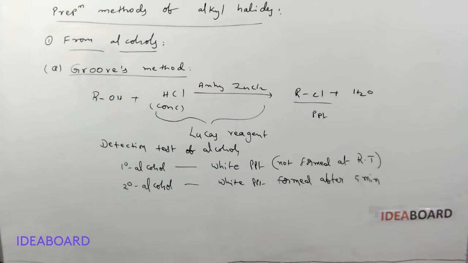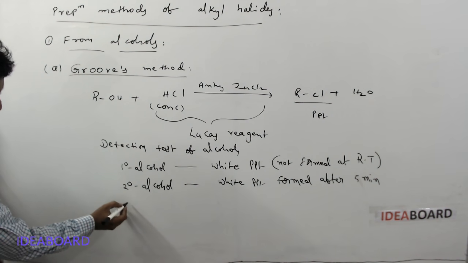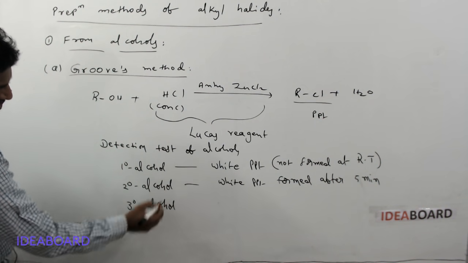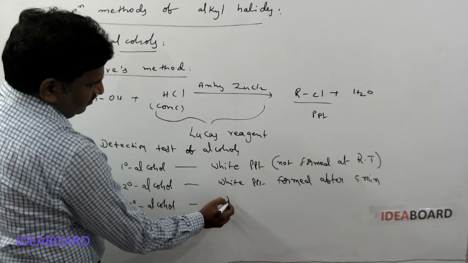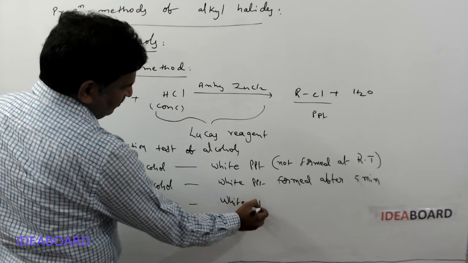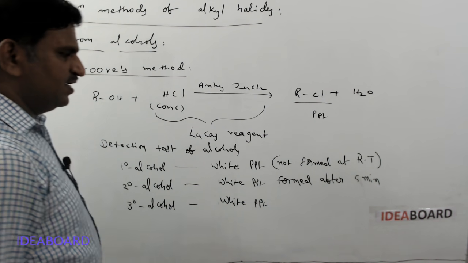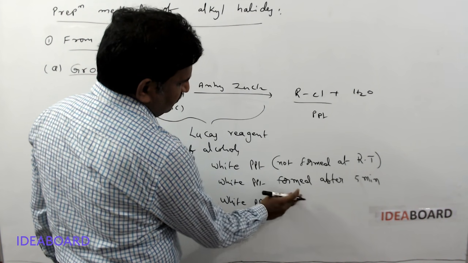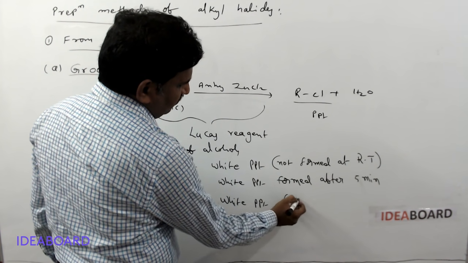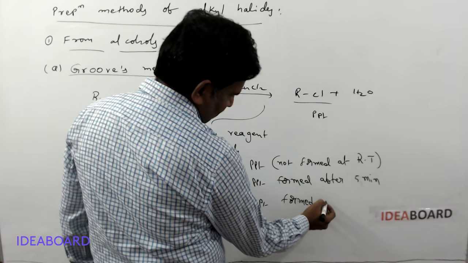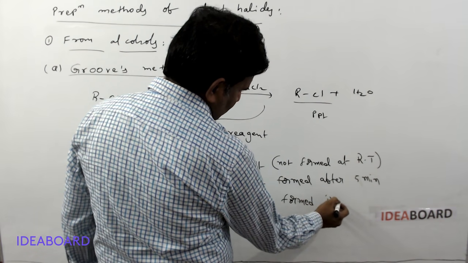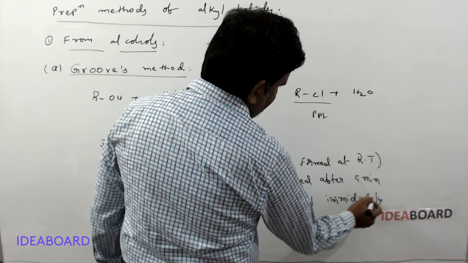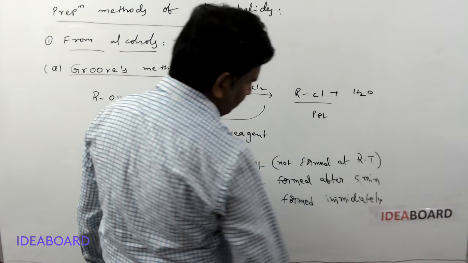Next, if tertiary alcohols are taken, white turbidity or white precipitate is formed immediately.